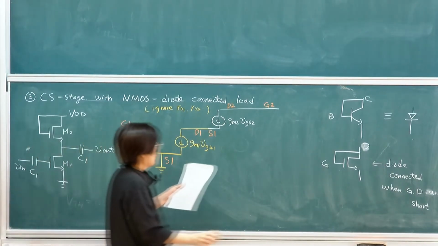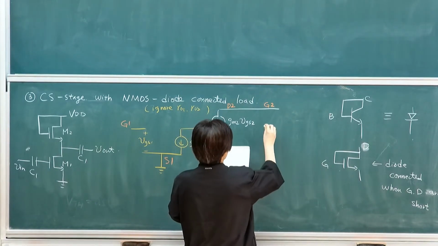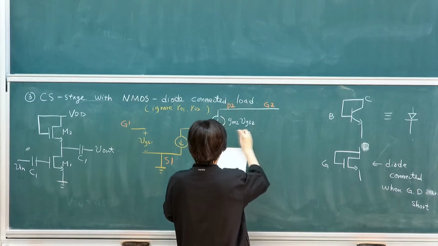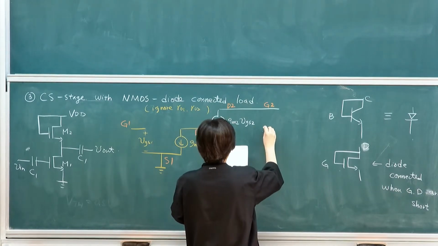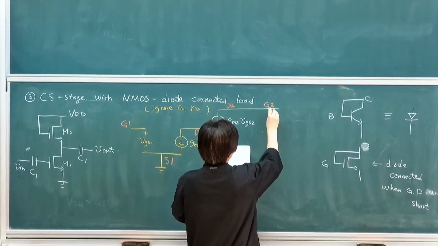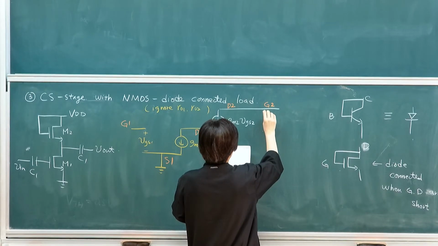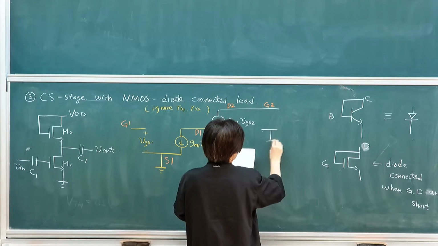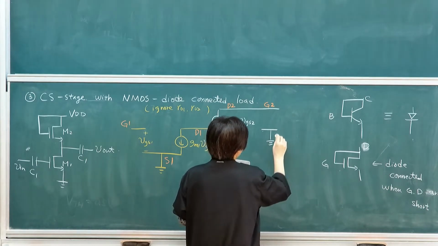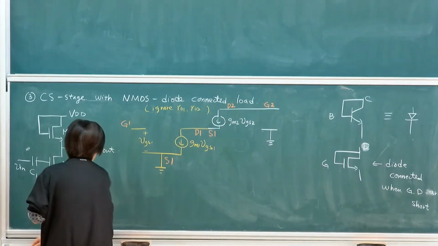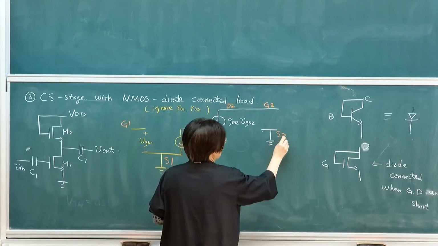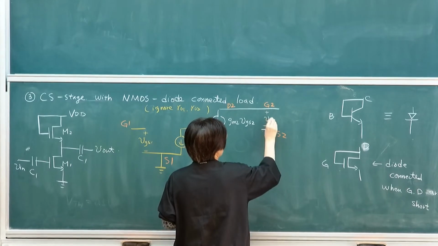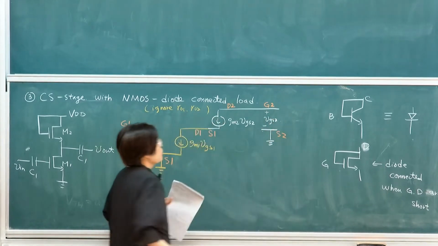And then the output terminal, bring to gate 2, and source. This is grounded as VDD, so this is source 2. And I will have a VGS2. Okay?